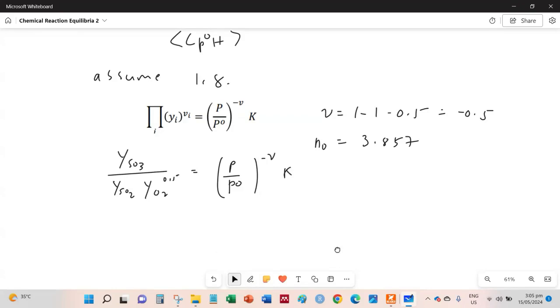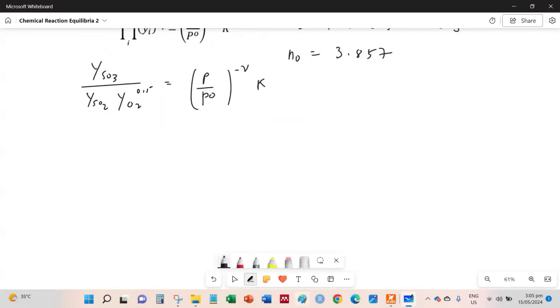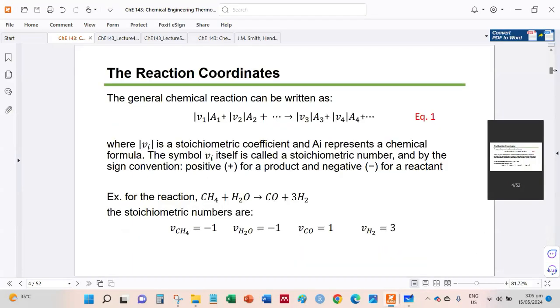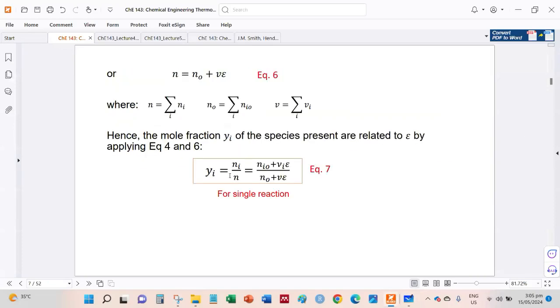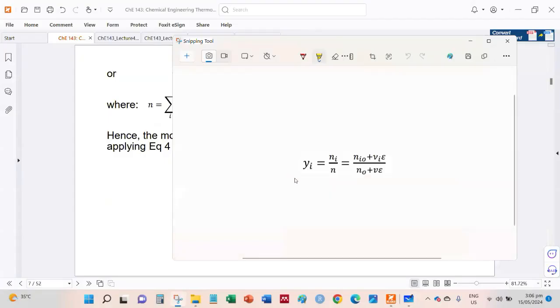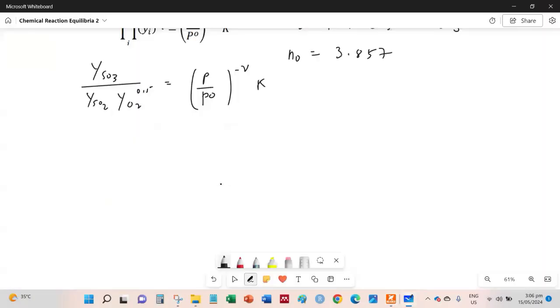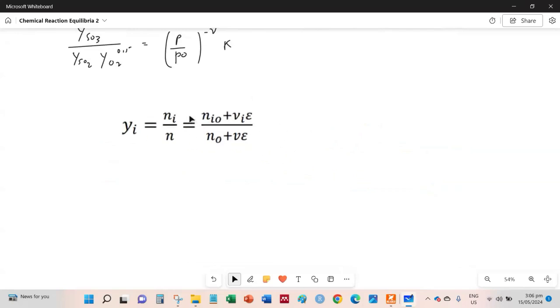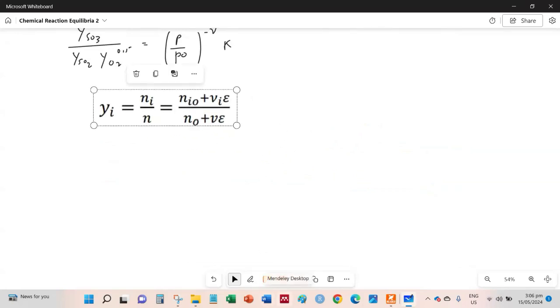So we use this equation, the reaction coordinate, to write the values of the composition.